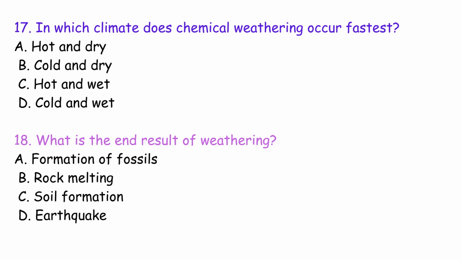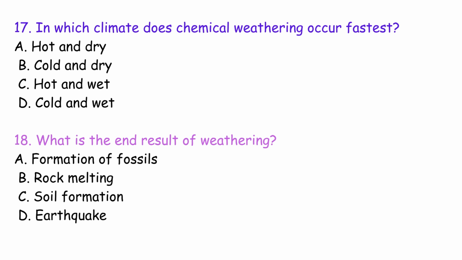17. In which climate does chemical weathering occur fastest? A. Hot and dry. B. Cold and dry. C. Hot and wet. D. Cold and wet. 18. What is the end result of weathering? A. Formation of fossils. B. Rock melting.